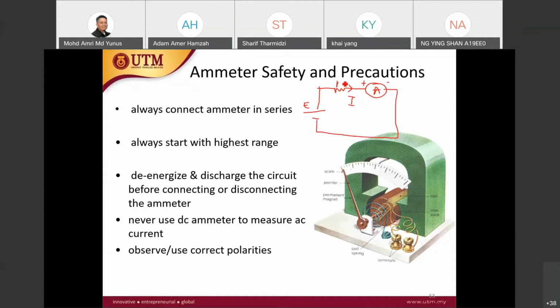So always in series and always start with the highest range. Okay, as a very important precaution.